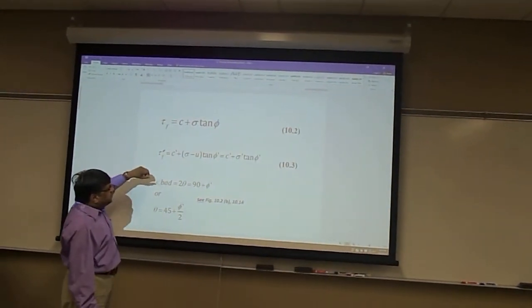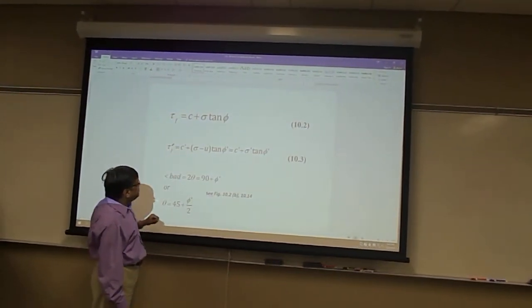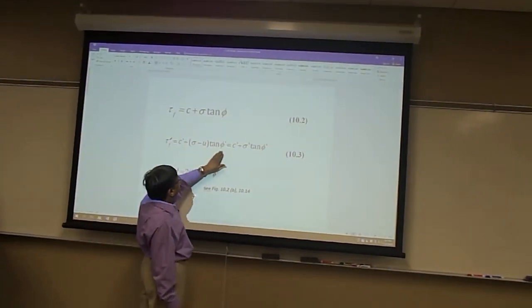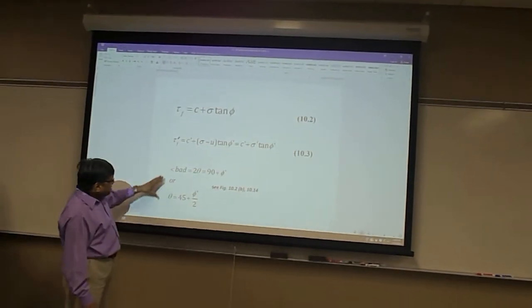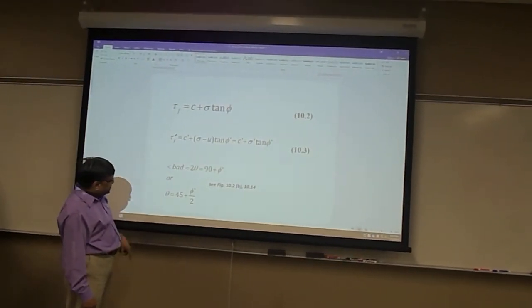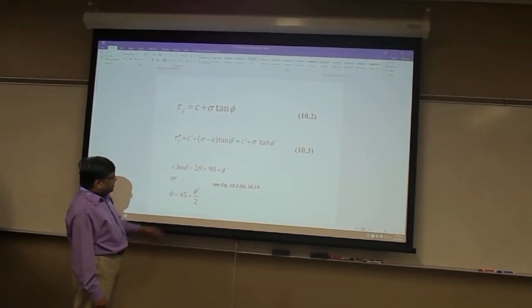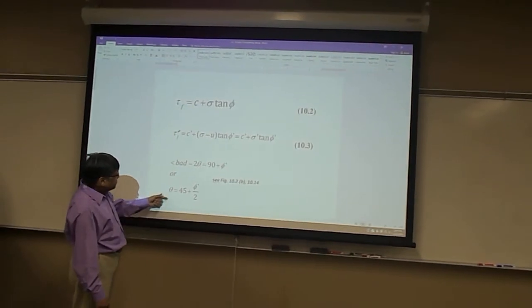To apply these equations, we need these shear strength parameters: total shear strength parameters C and phi, effective shear strength parameters C prime and phi prime. And the failure plane makes an angle theta, which is 45 degrees plus half phi prime. This is what we can see from the Mohr circles.